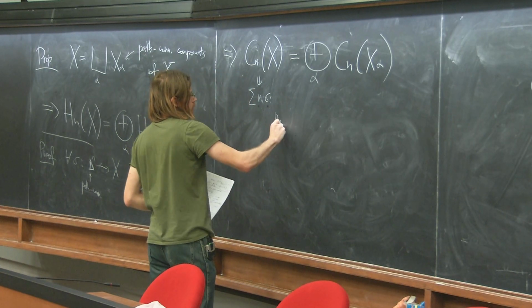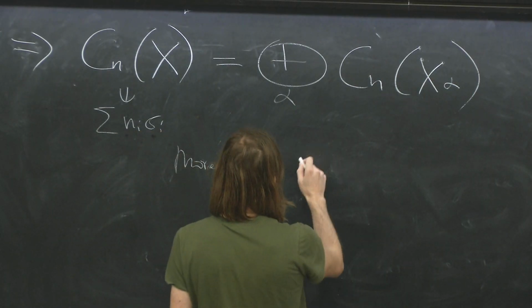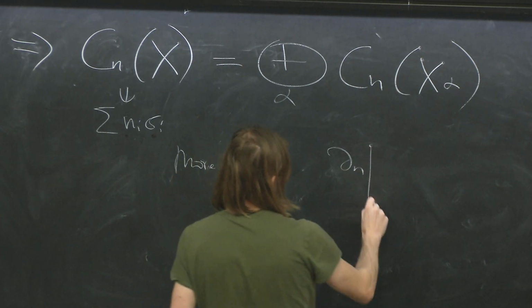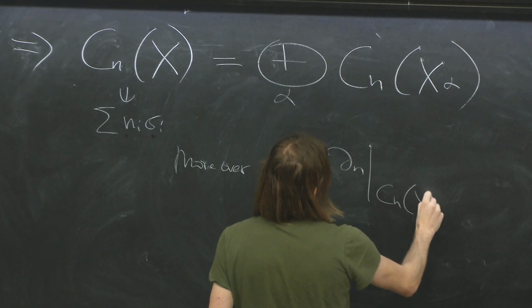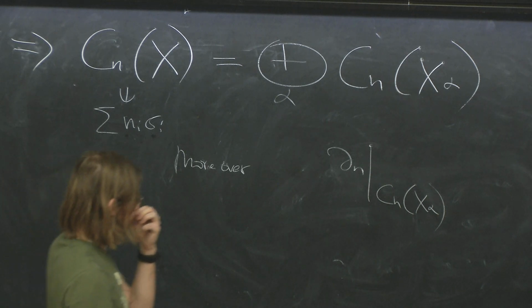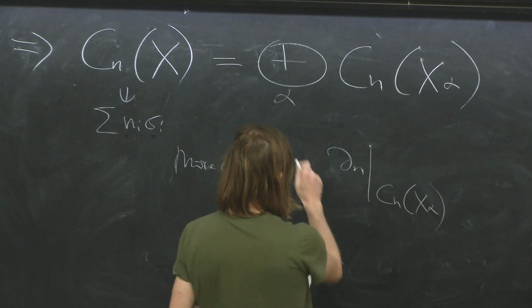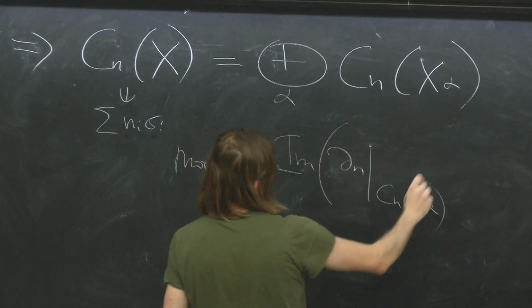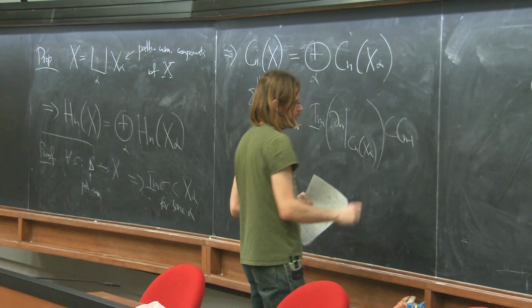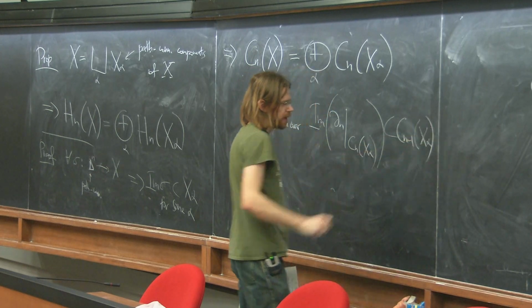And moreover, if we consider the boundary homomorphism restricted to the subspace of singular chains with the image in one particular X alpha, its image will be in C n minus 1 for the same X alpha, right?